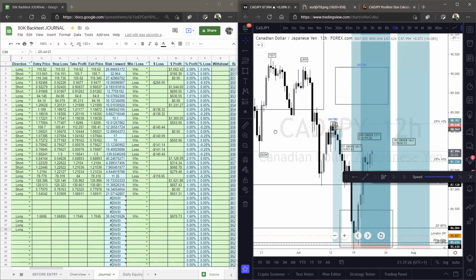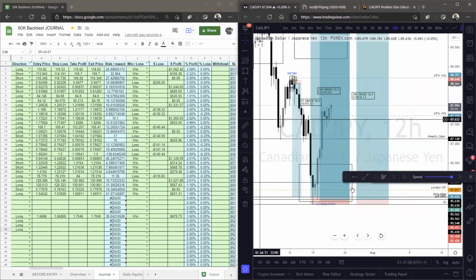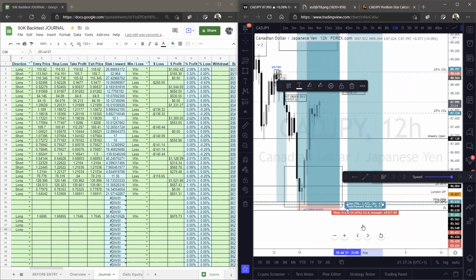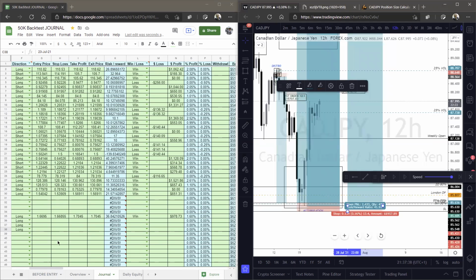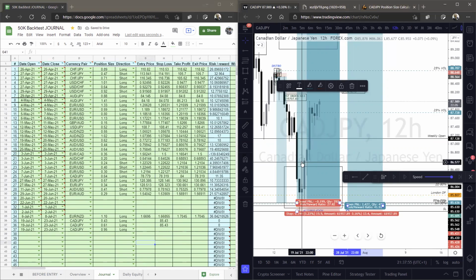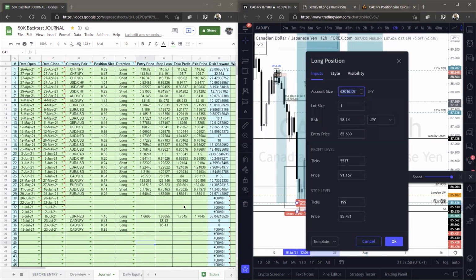So two of them had the same stop loss, which was this one here, 85,430. And this one's entry was 630.